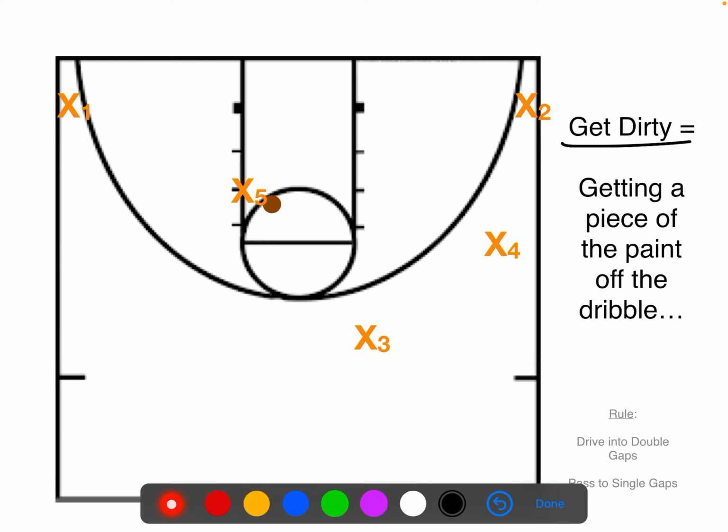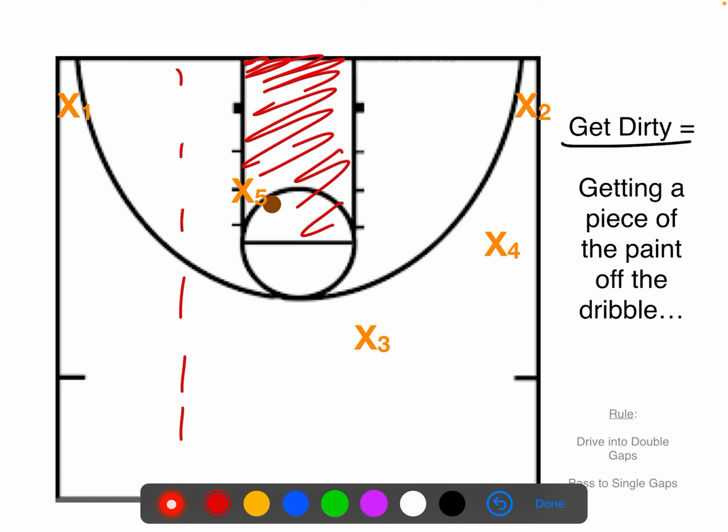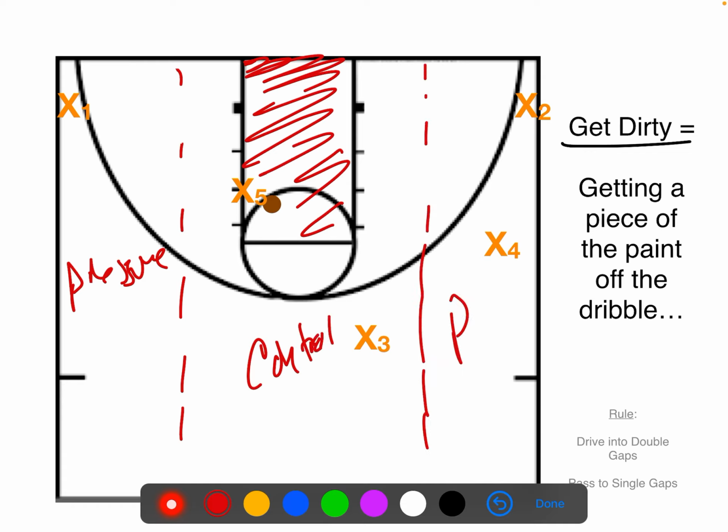Now, this concept, get dirty in the paint, is something that I have not done a good job of talking a lot about. We just haven't had time to get everything. One of our main concepts in flow is getting into the paint. Just like on defense, we talk about how we have our 3 zones, right? We have the pressure, we have the control, and then we have the pressure.